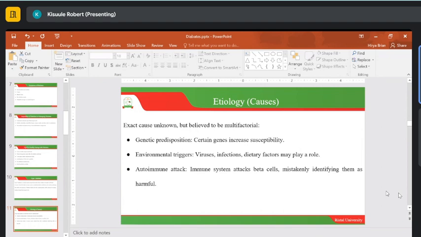So this is where the problem comes: the memory T cells will fail to remember, or they will look at the configuration or shape of these beta cells and say, oh, this really looks like the antigen we fought some time back. So this autoimmune response will be geared.